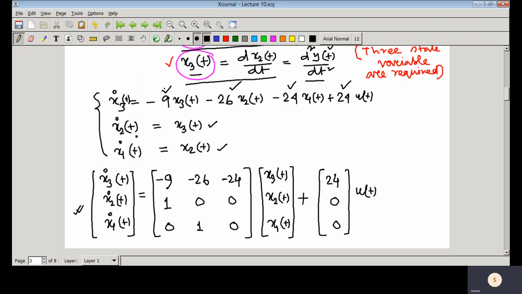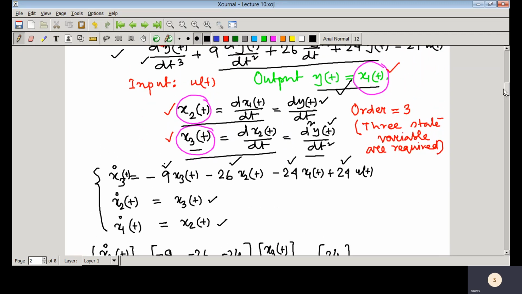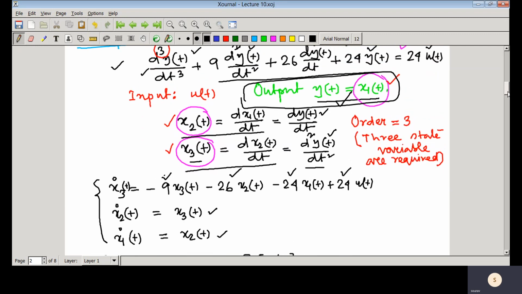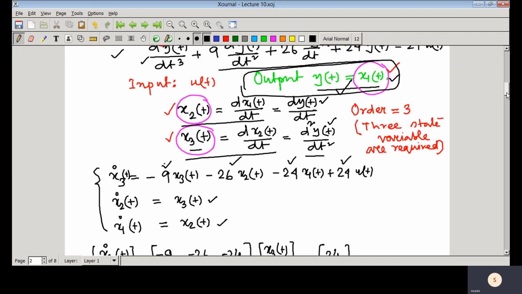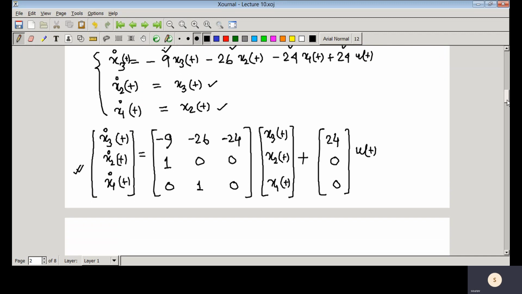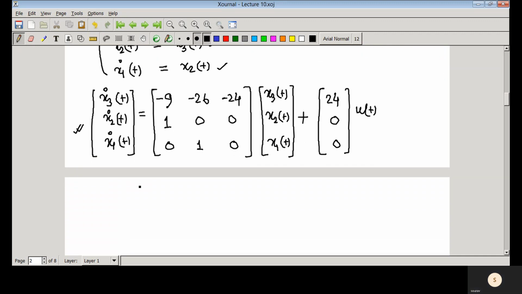And one thing is left, that is this equation. This equation we have not represented yet. That is, what is that output? So the output y(t) equals x1(t). You can see here, and we have defined it like this. So now you can write that y(t), the output, again in matrix form. Three state variables are there, x3(t), x2(t), and x1(t).